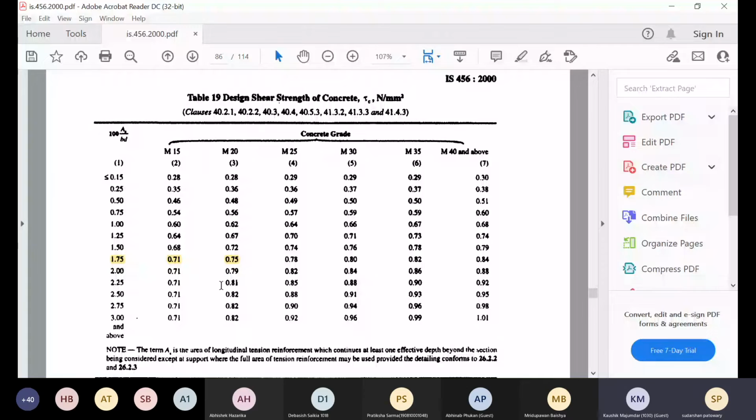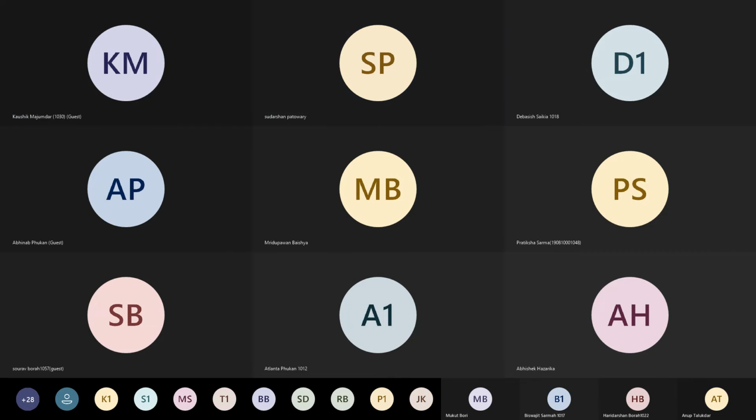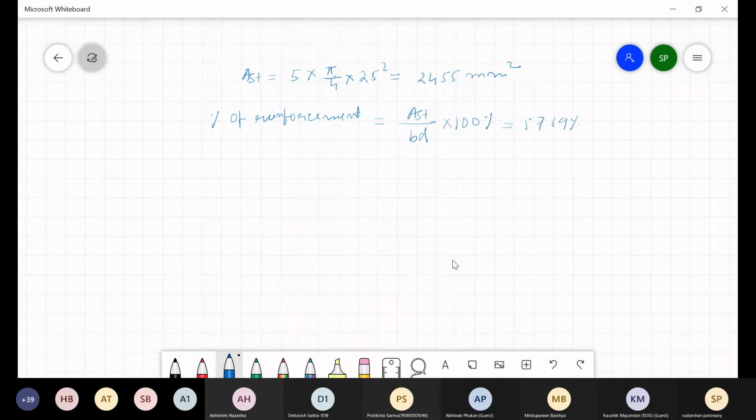So if it is 0.75, so tau c from table, which is Table 19 of IS 456. Always write down the reference if you are referring to something.